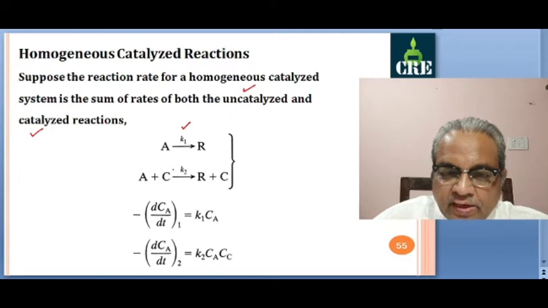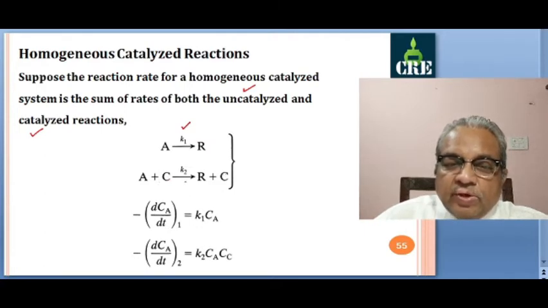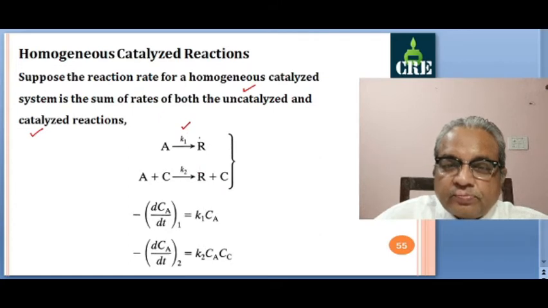If catalyst is there, then the rate constant will change to K2, and we represent this as A plus C equals R plus C, with C on both sides because the catalyst remains unconsumed in the catalytic reaction. So these two reactions are going on.